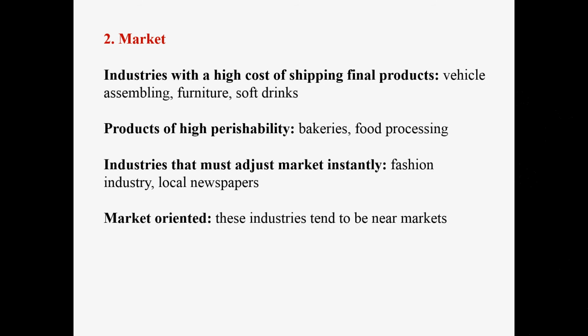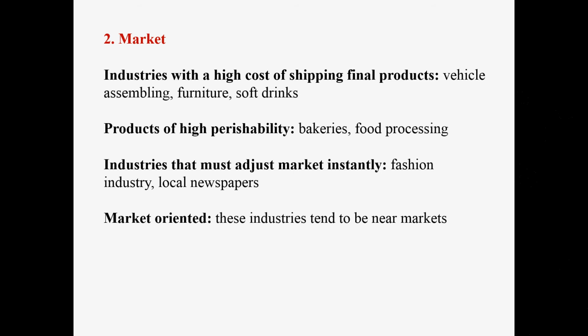In addition, industries that must adjust to the market instantly, such as fashion industries and local newspapers, need to follow what's happening among the consumers, among the fashions, and also among local events. You could not have local newspapers made in a different country, because they simply cannot keep up with what's going on within the local community.